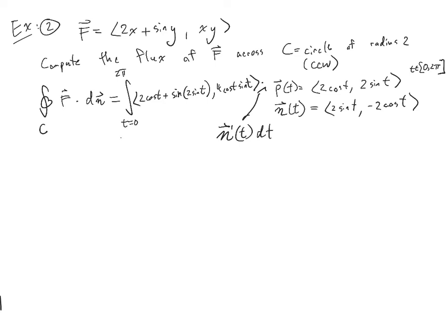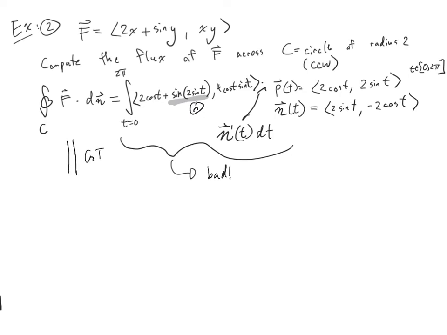And as soon as you see this much parameterization, including that sine of 2 sine of t, which I'll underline, that's just quite sad looking, right? Don't do this. This is bad.